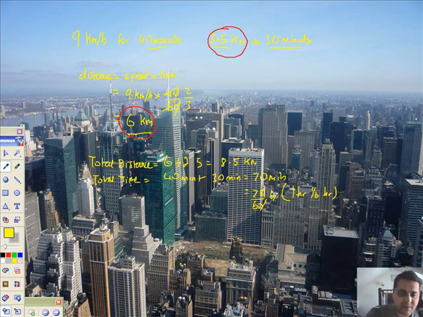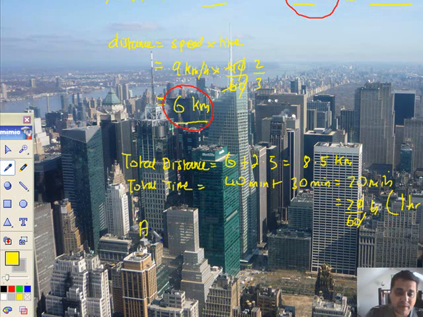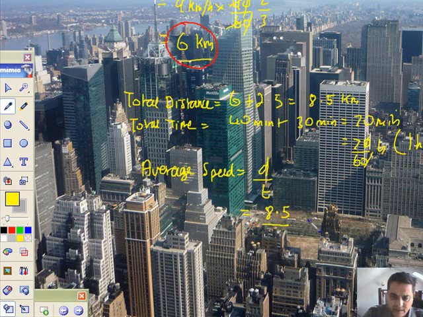But I know that speed equals distance over time, but it's his average speed now. Equals his total distance divided by the total time taken. Distance 8.5 divided by 7/6 of an hour. Now if you remember how to divide fractions, you just flip this other one the other way around and just multiply.